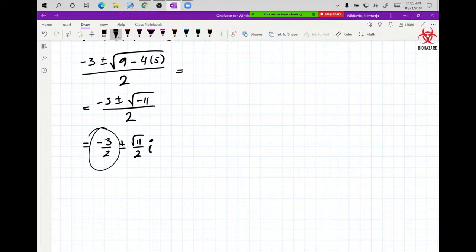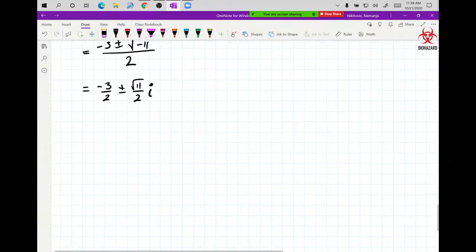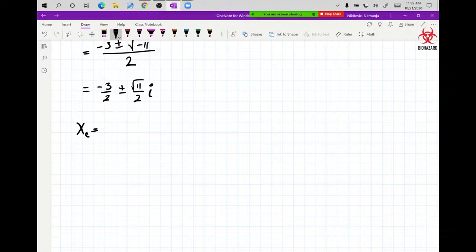Now we do have, as you can see, this real part which triggers the exponential function in our solution. So xc is equal to e to the negative 3 halves t. The negative is good because that means it's decreasing.